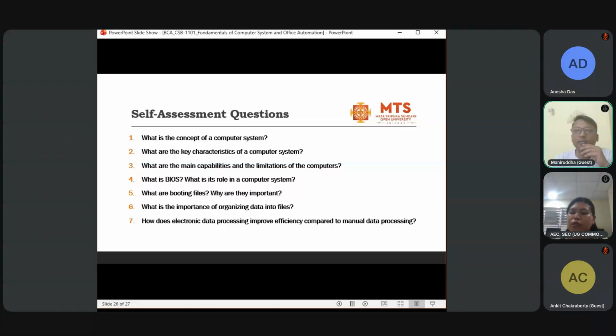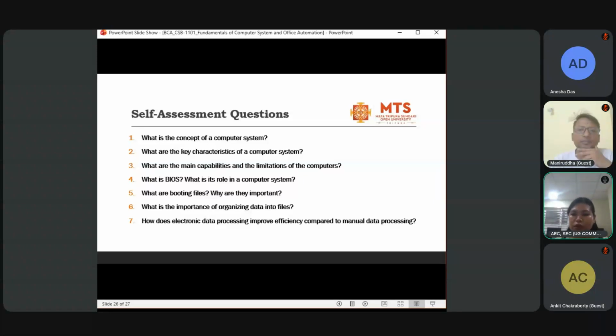What is the role of BIOS in the computer system? Whatever instruction is required, we need to give, and accordingly we get the output. It is somewhat correct. But what does the BIOS do?